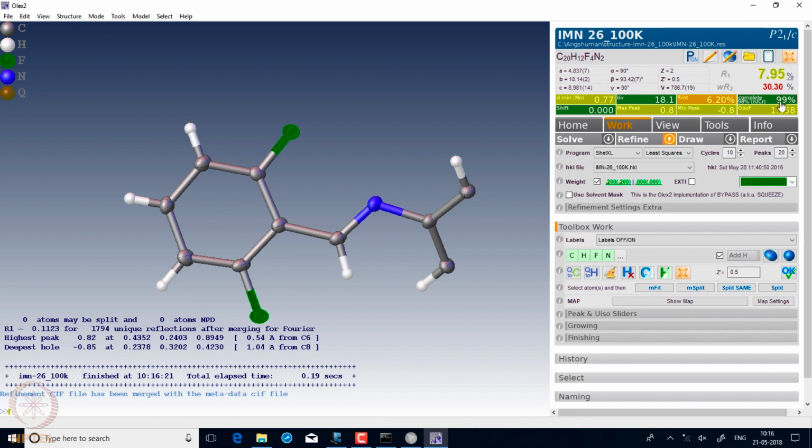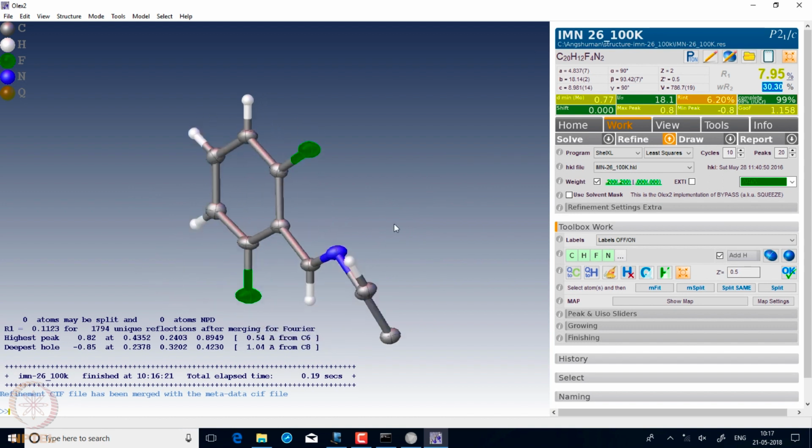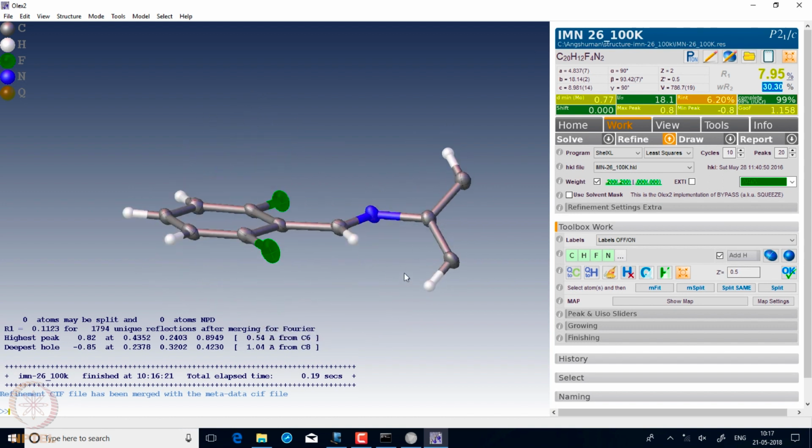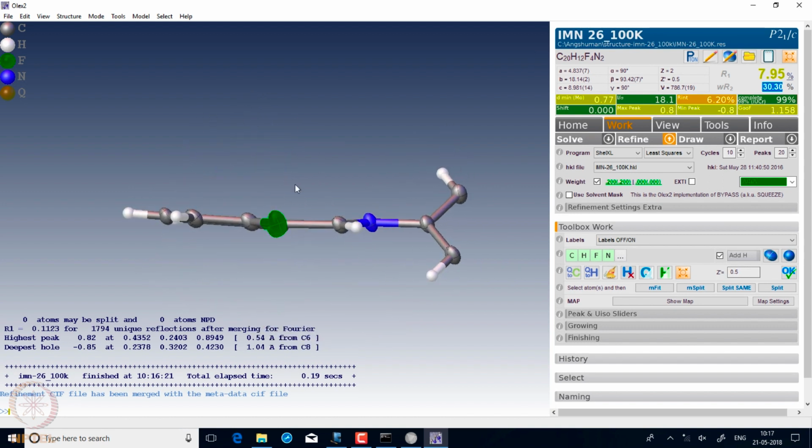The completeness is 99% of the data, and the R factor is about 8%, WR2 is 30%. With this, the structure solution and refinement part of this data is complete.